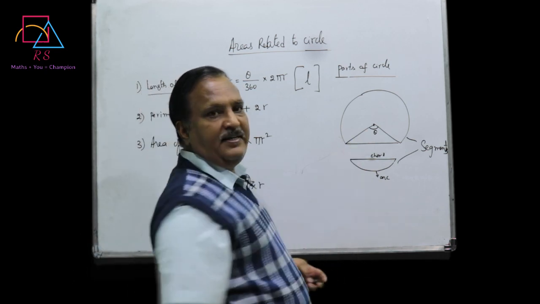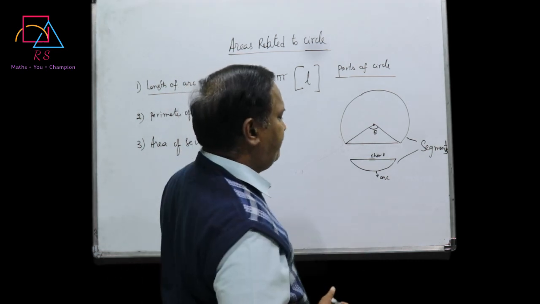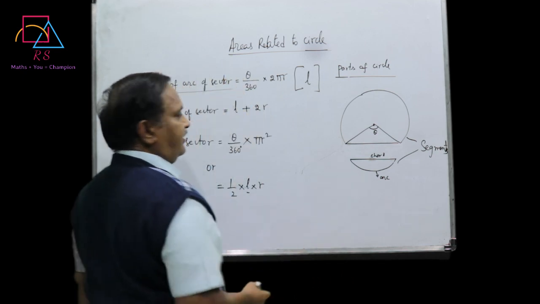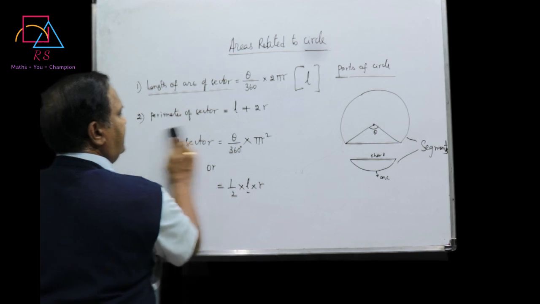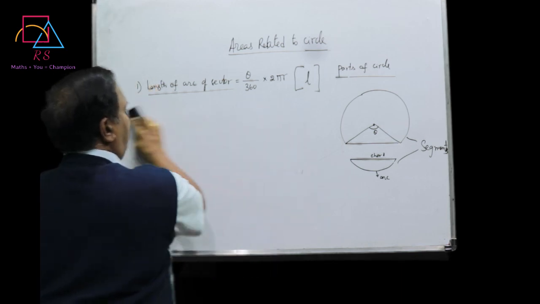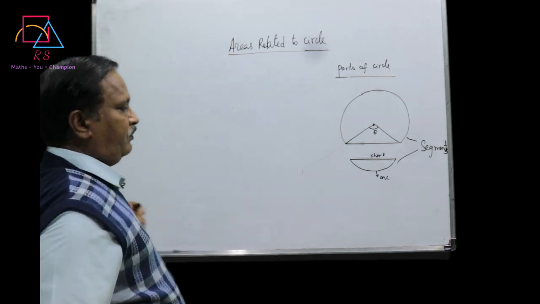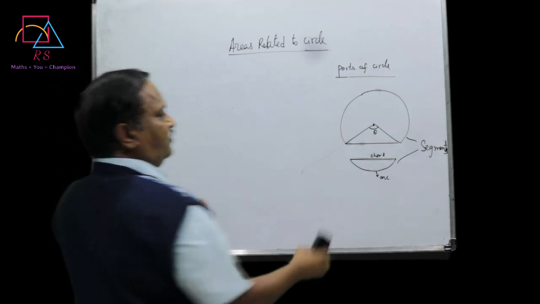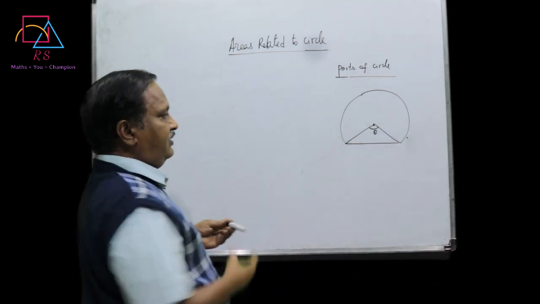If theta is 180 degrees, equal segments, they are called semicircles. So now, this is a very, very important concept of 10th class. How to find the area of the segment. So what I will do, I will just join it so that you will understand nicely.